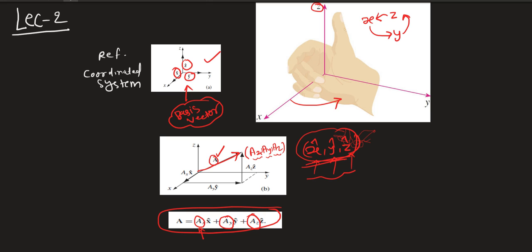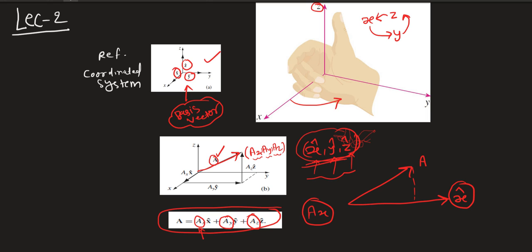Let's say this is my vector A, and this is the direction of the x-axis, which is represented by x cap. Now this ax, which I'm talking about, is just the projection of this vector A onto the vector x cap.